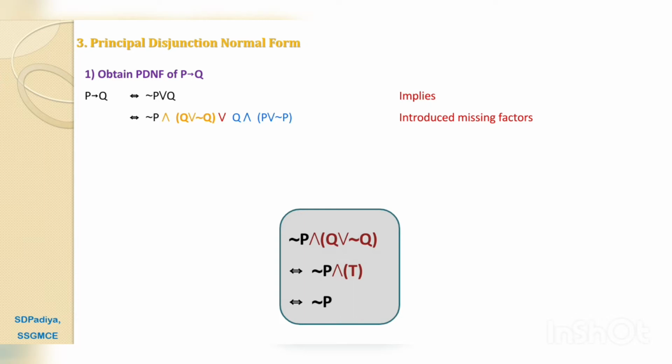Same, we can write not P and in bracket Q or not Q, because Q or not Q is finally T and not P and T is finally not P. There is no effect.